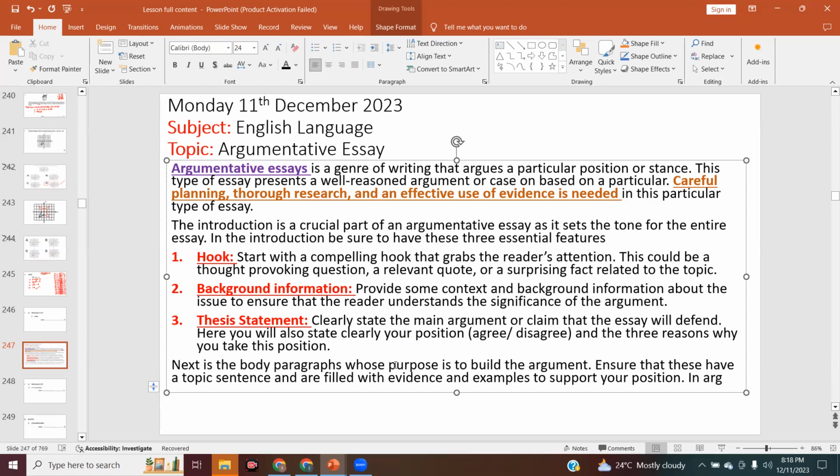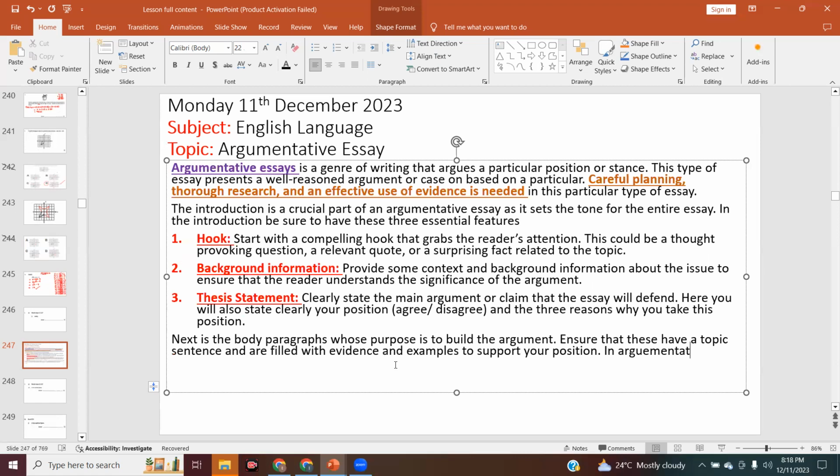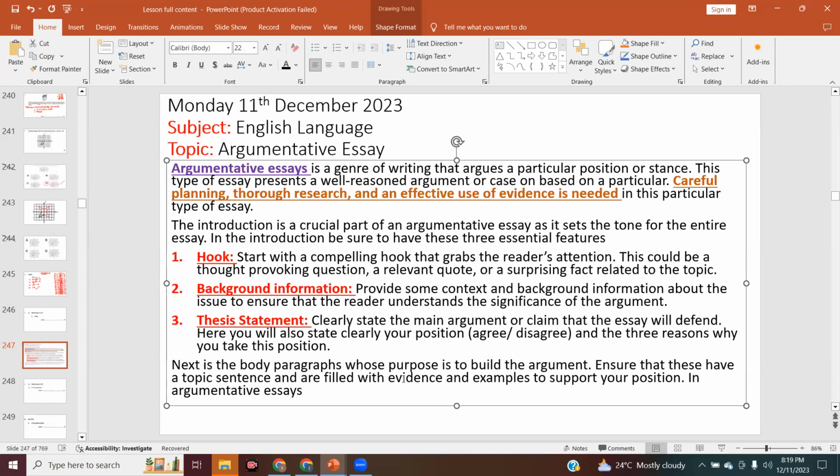In argumentative essays, you can give what they call a counter argument. Anyone ever heard of a counter argument? An argument that defies the first argument. Yeah, so a counter argument is basically, let's say you believe that students should not wear uniforms.